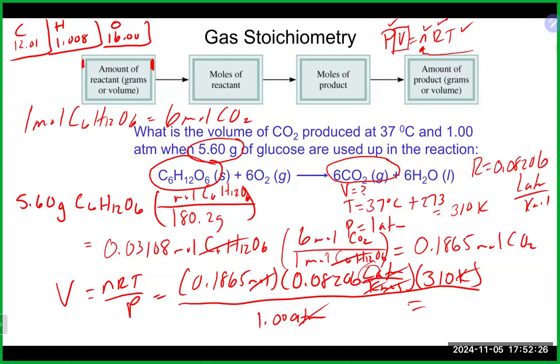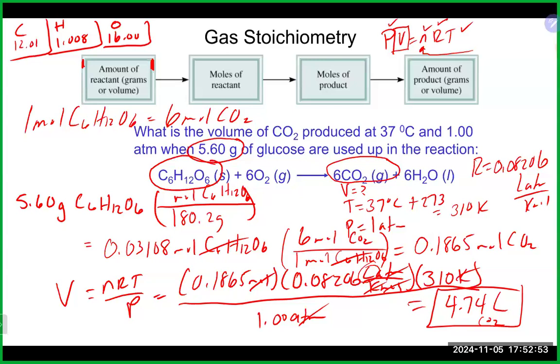It's going to leave us liters, which is good since we're looking for a volume here. So 0.1865 times 0.08206 times 310, going to give us 4.74 liters of CO2 would be produced. That would be, by the way, a theoretical yield of CO2 in volume, right? In liters in this particular case.